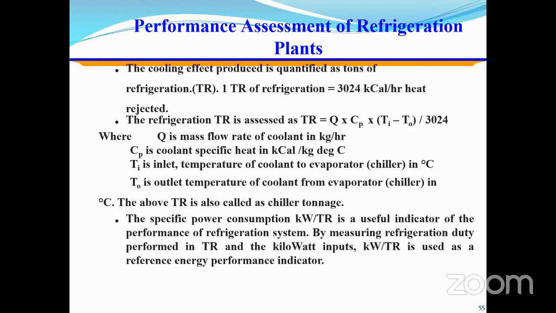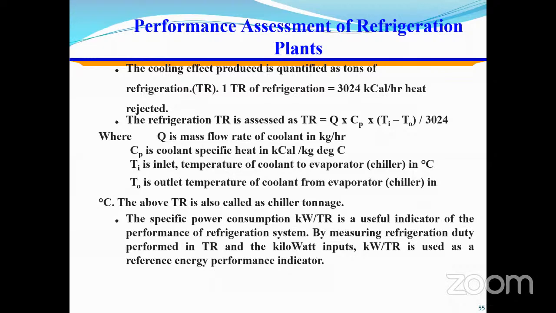Where Q is the mass flow rate of the coolant in kg per hour, Cp is the specific heat of the coolant in kilocalorie per kg degree C, Ti is the inlet temperature of the coolant to the evaporator, that is the chiller, in degrees centigrade, and To is the outlet temperature of the coolant from the evaporator in degrees centigrade.